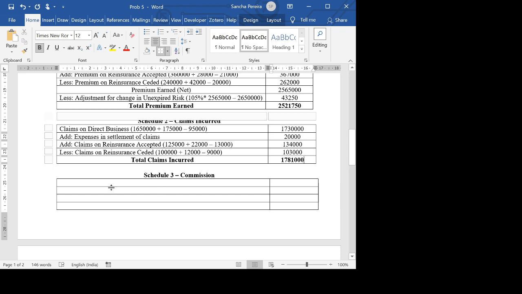And then we have commission on direct business, which is 1,50,000.